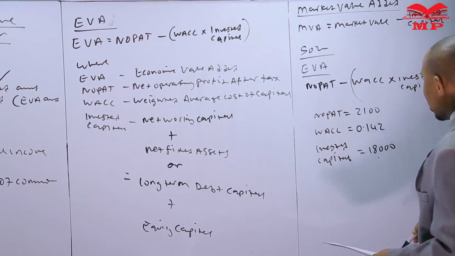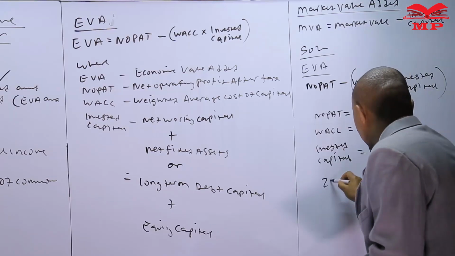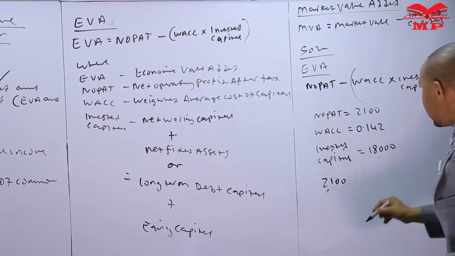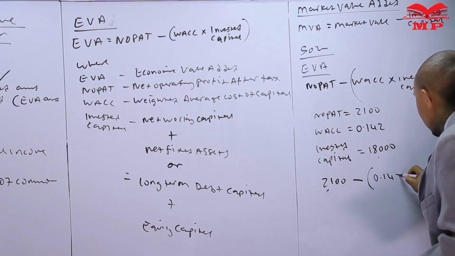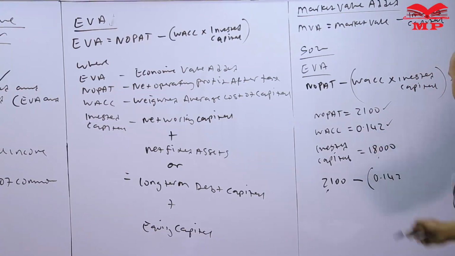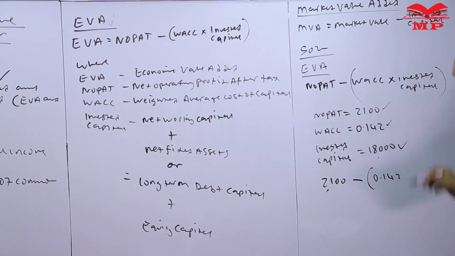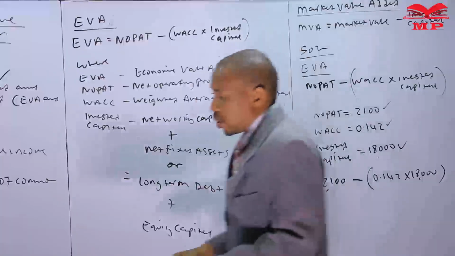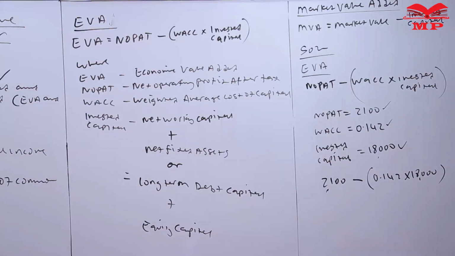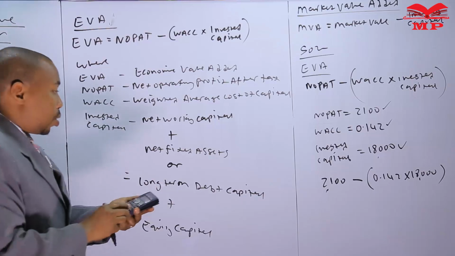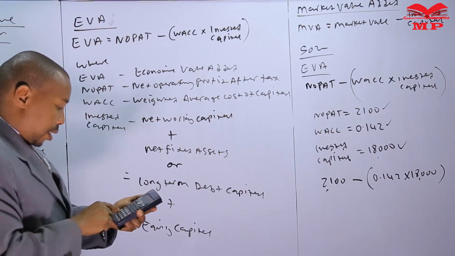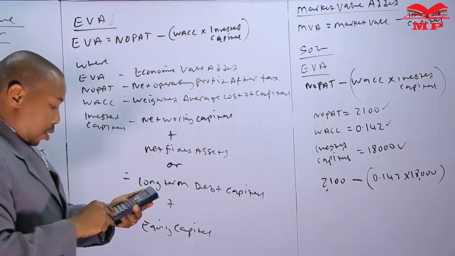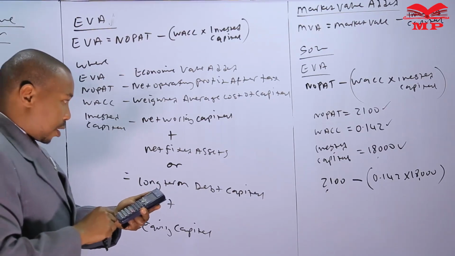Putting it all together, we have 2100 minus 0.142 multiplied by 18,000, the invested capital. How much do we get? 0.142 multiplied by 18,000 gives 2256.